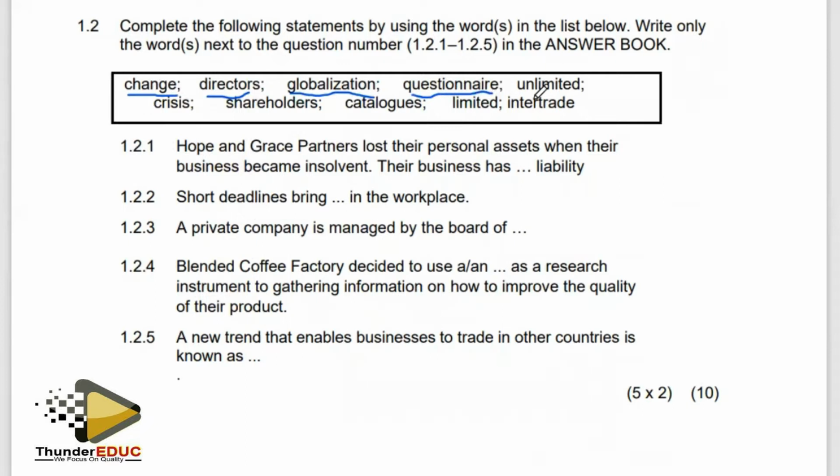Remind yourself about what unlimited means, which could be about liabilities. Remind yourself about what a crisis is, and what shareholders are. Read every terminology given in the list, such as limited liability and so on. We are supposed to read about them.